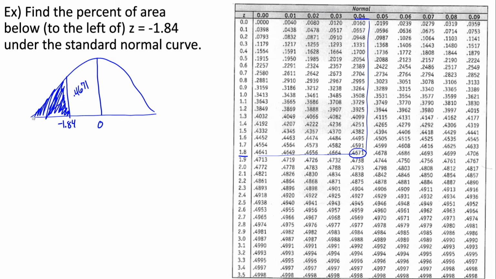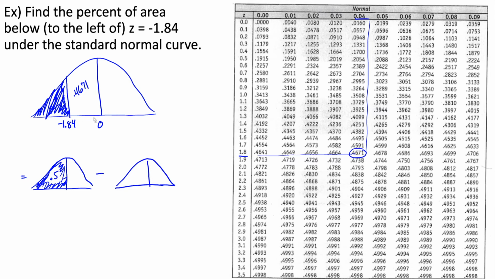We know that this entire half of the curve here is equal to 0.5, and we can use that information to find this piece. So if we wanted to find the shaded area here, that's going to be equal to the entire 0.5 subtract this area over here.